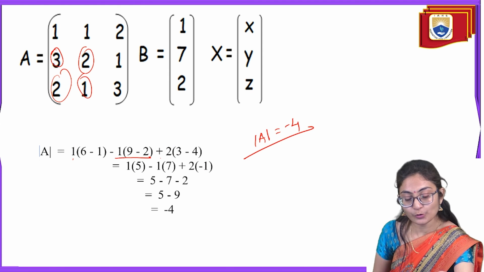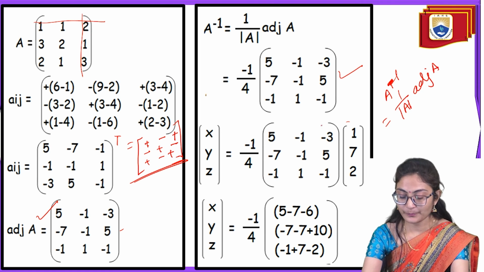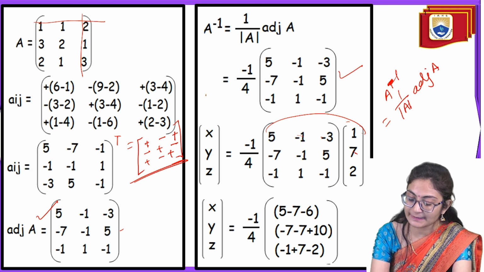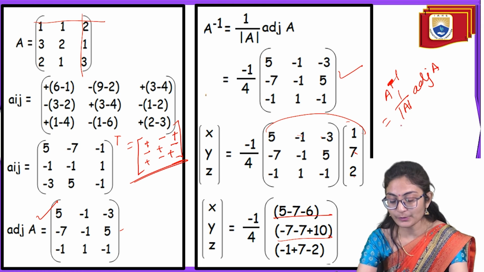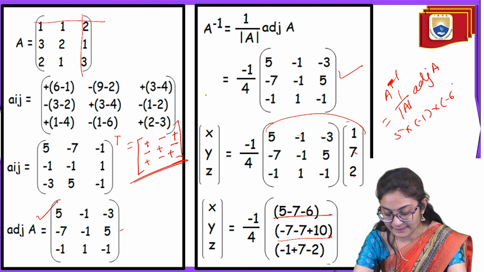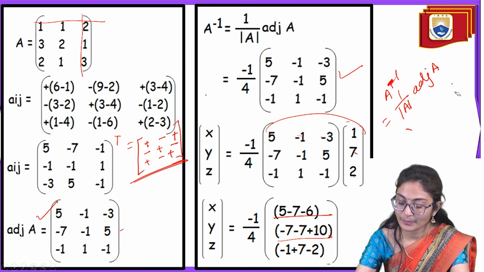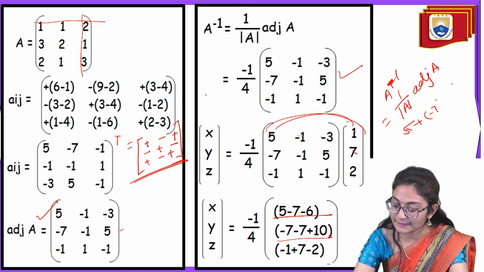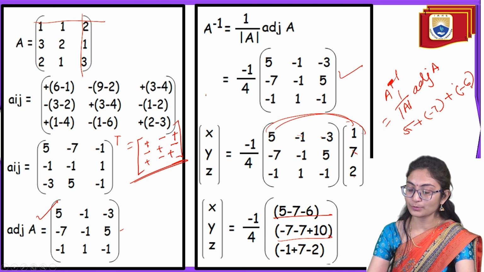B. So you have to use the 1, 7, 2 matrix, and after calculating first 5 into 1, minus 1 into 7 and minus 3 into 2. 5 minus 7, 6, you have to calculate like this: 5 into 1, 5, plus minus 1 into 7, minus 7, minus 3 into 2, minus 6.